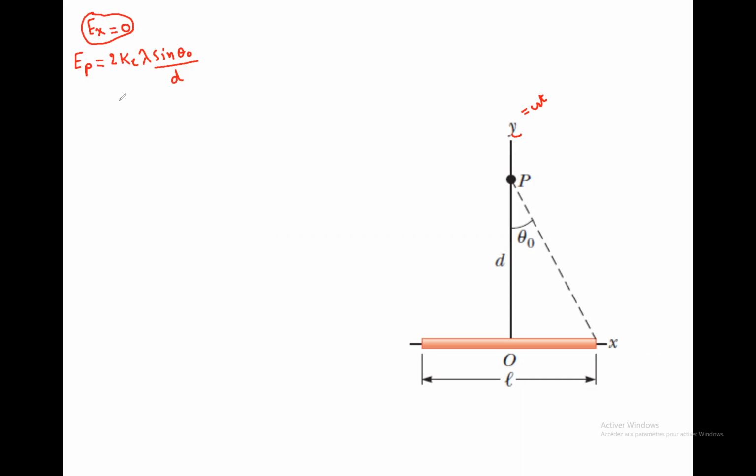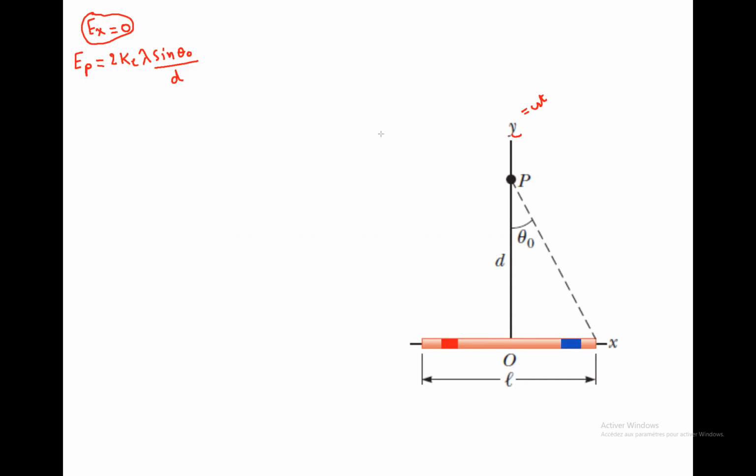So by symmetry, you can find the result. Let's do the symmetry explanation. By symmetry, it means this rod is divided into two portions, to the right and to the left. To demonstrate the symmetry, we have to take a portion at this side and another one at the other side.